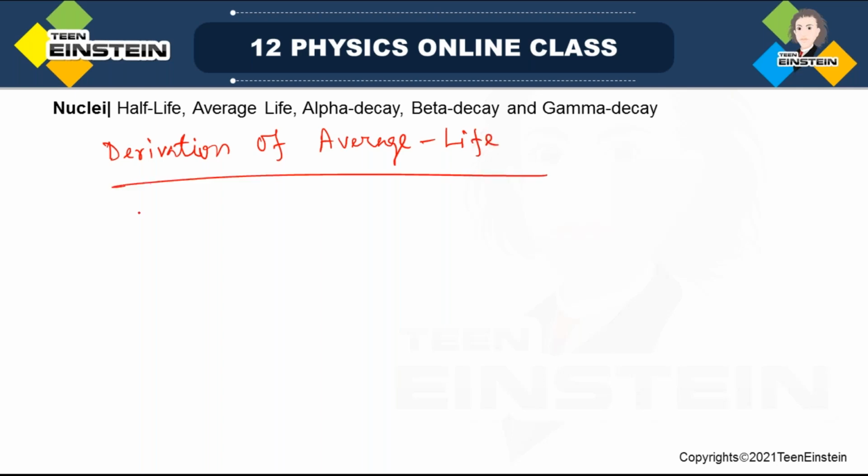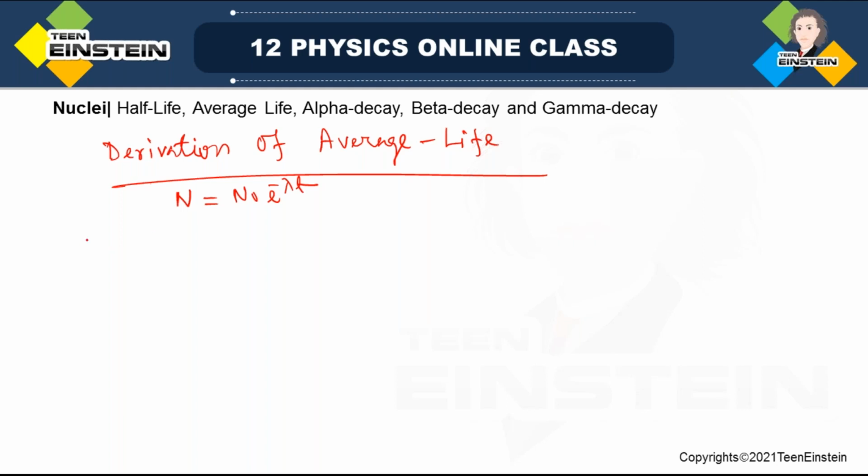To derive it, first of all, let us recall the law of radioactive decay, which we had written in the beginning itself. You know each of the terms here.